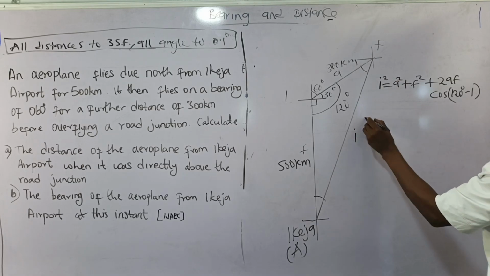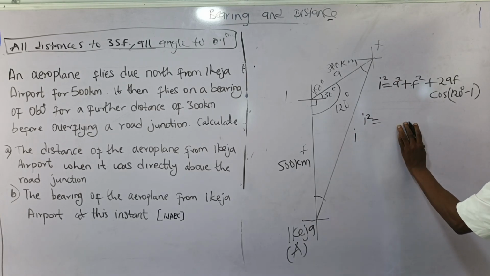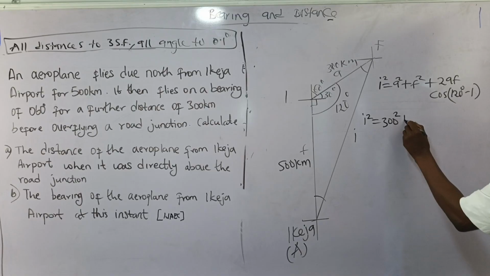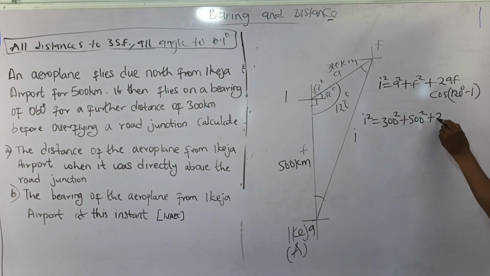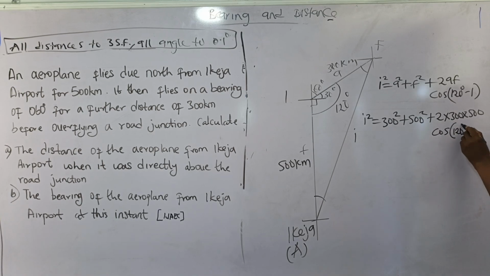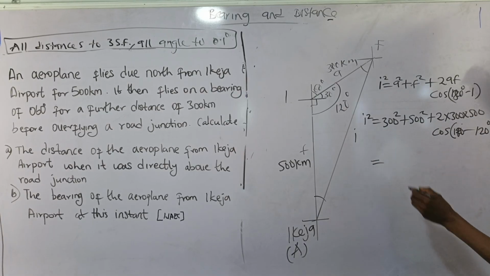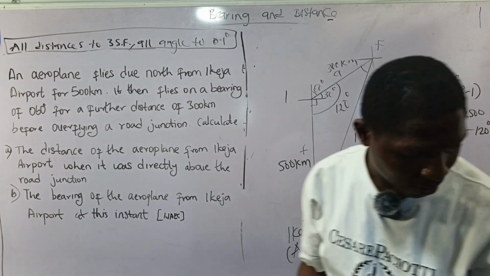So I have I squared equals my A, A is 300, so I have 300 squared plus my F, which is 500 squared, plus 2 times 300 times 500 cos 120 degrees, 180 degrees rather, 180 degrees minus what? 120 degrees. So I'll use my calculator.